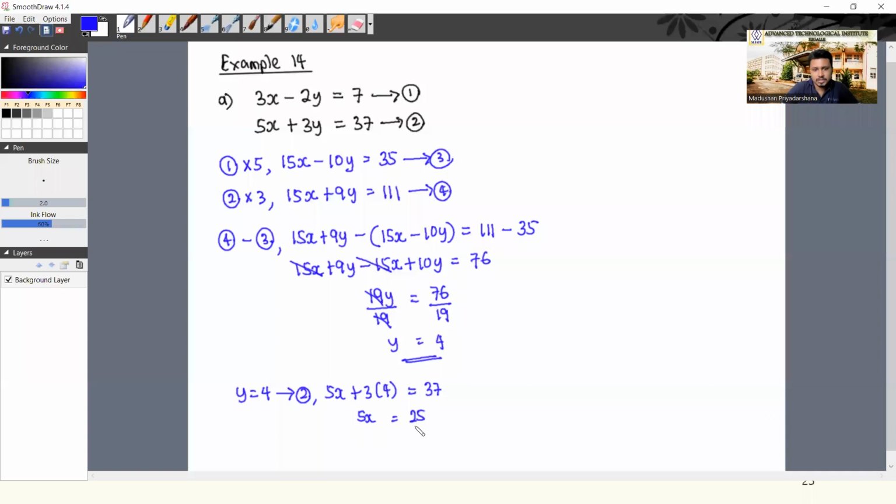So divide both sides by 5. Therefore, x will become equal to 5. The value of y is 4, the value of x is 5. X equals 5, y equals 4.